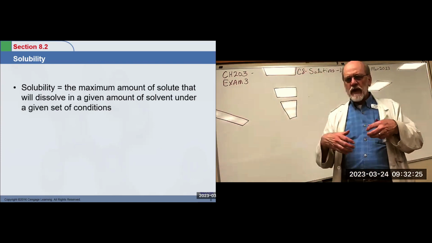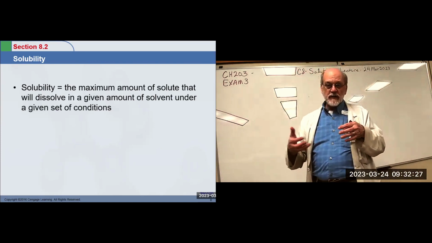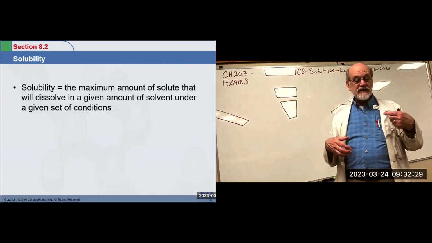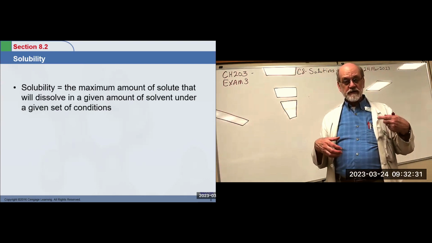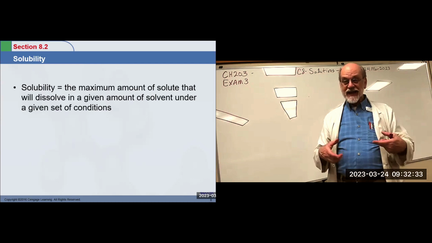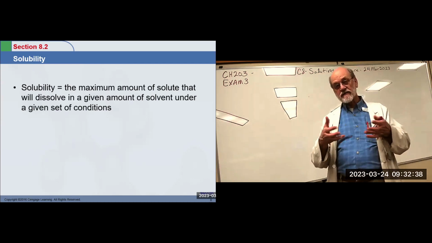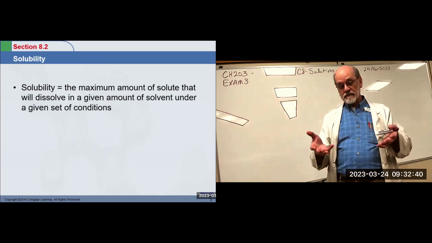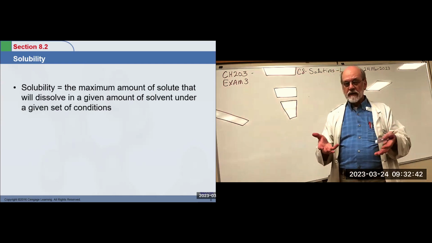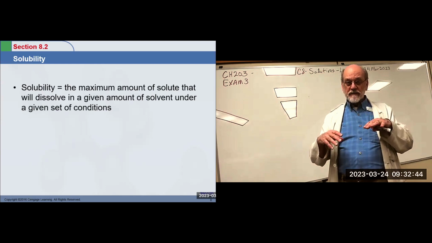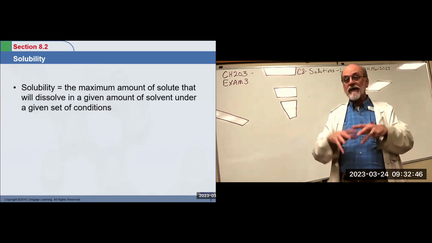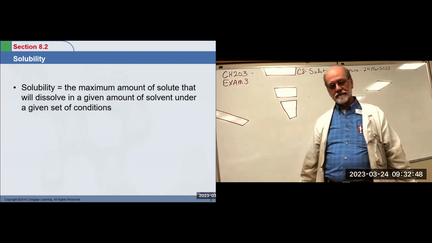Okay, that term is solubility. And we have various ways of expressing that solubility. It is an intensive property. In other words, the solubility is the same for a given temperature, and if there are gases involved, then at a given pressure. But if those conditions don't change, then the solubility is the same no matter how much of it you have.